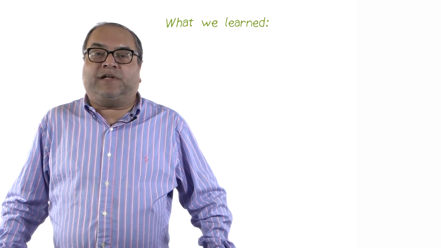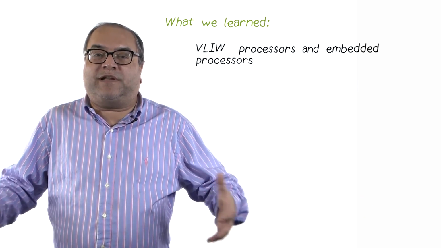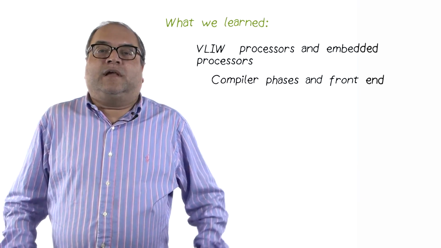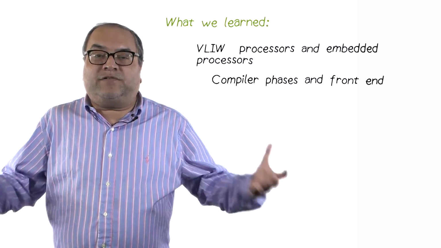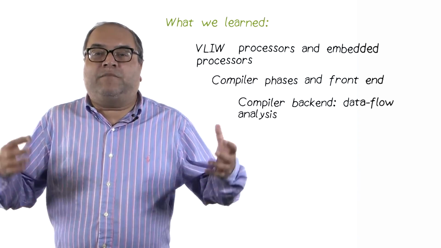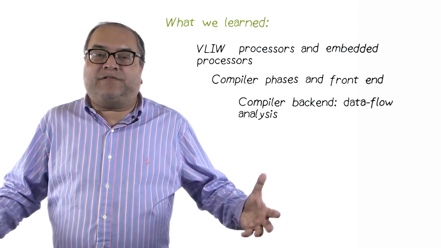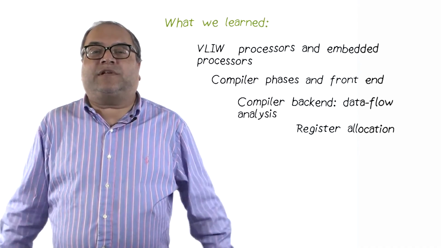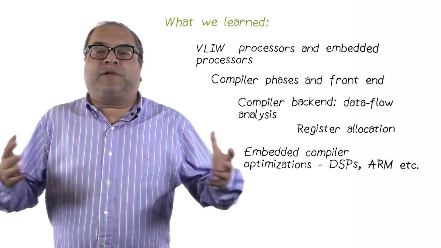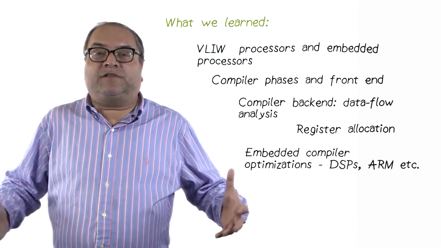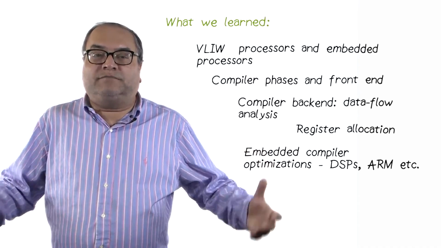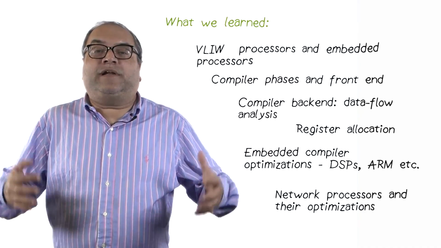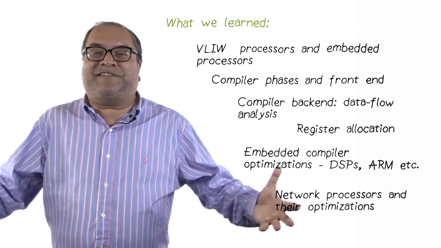The topics that we looked at were VLIW processors and embedded processors, compilation phases and what a front end is, compiler back end, data flow analysis, register allocation, embedded compiler optimizations for different processors such as DSPs, ARM, and so on. Finally, we looked at network processors and their optimizations.